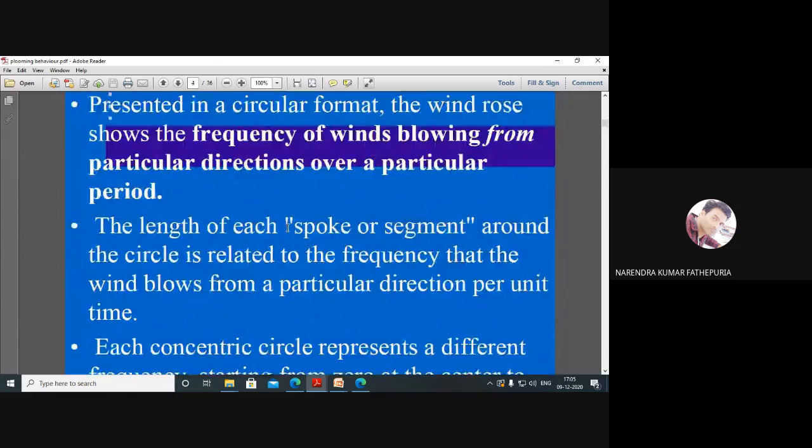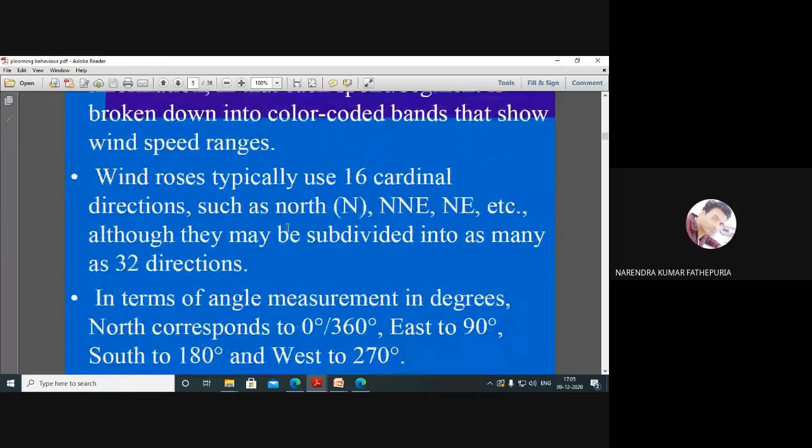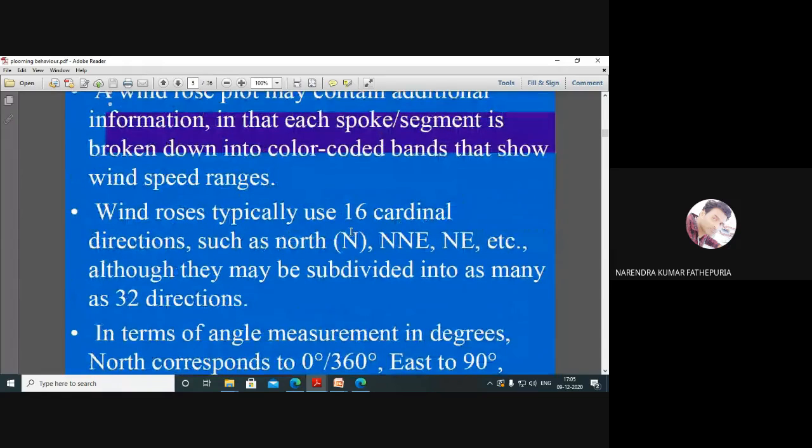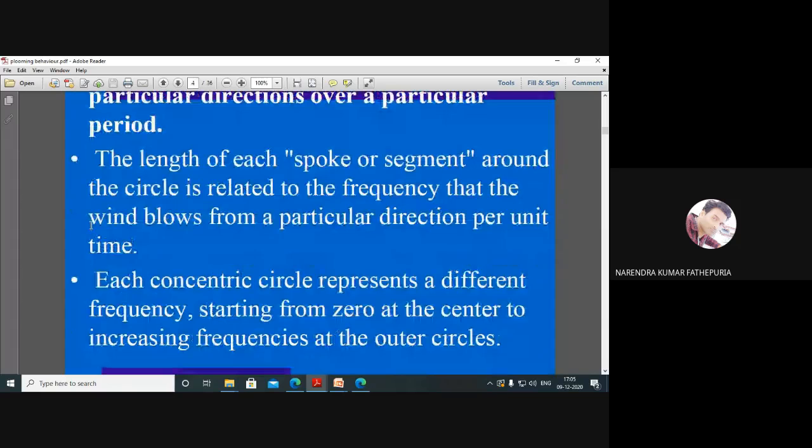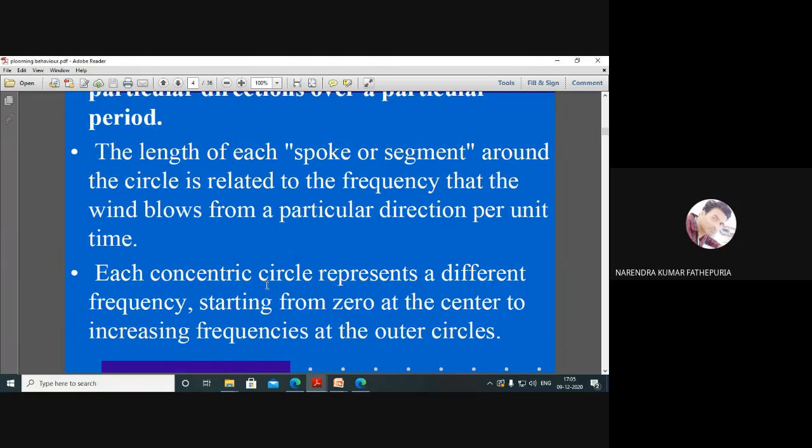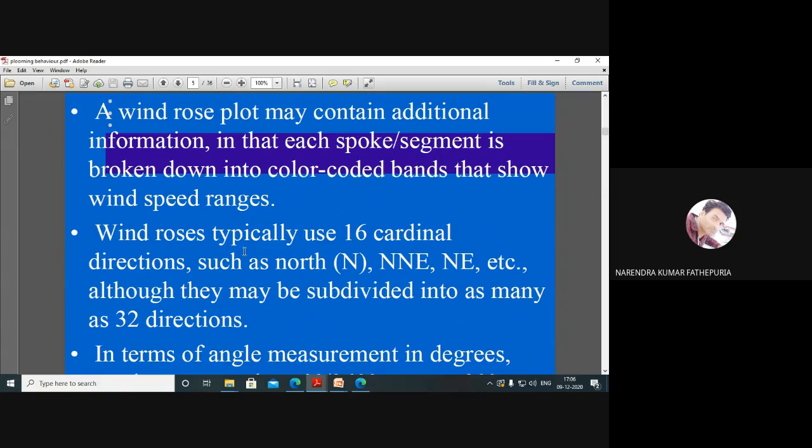So this windrose diagram helps in this. The length of each spoke or segment is related to the frequency that the wind blows from a particular direction for each particular spoke or segment. Each concentric circle represents a different frequency, starting from zero at the center to increasing frequency at the outer circle.